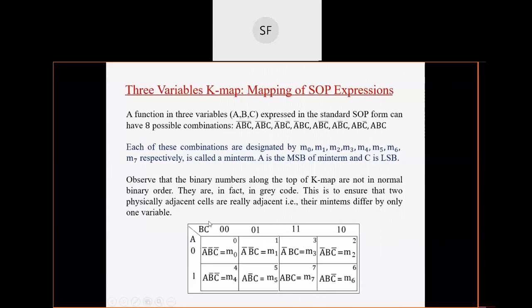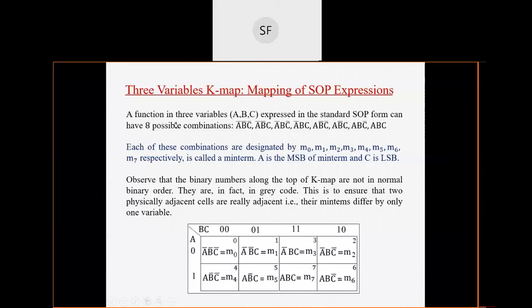Whereas BC, since it is two variables, has 4 possible combinations: 0 0, 0 1, 1 1 and 1 0. So these are 4 columns. This table is nothing but a 2 by 4 table. This is how your 3 variable K-map will look.